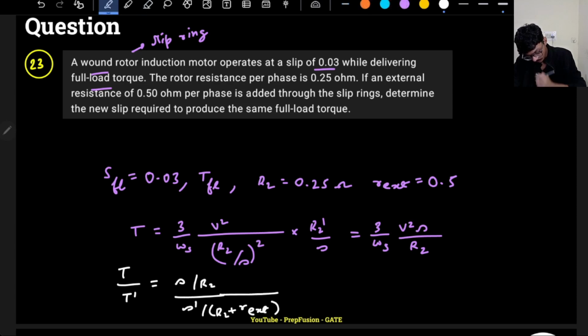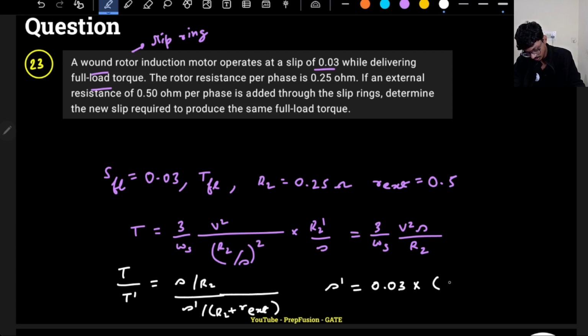Okay, so load torque is constant, so basically S' will be equal to S, the slip is 0.03, into (R2' plus R external) divided by R2.